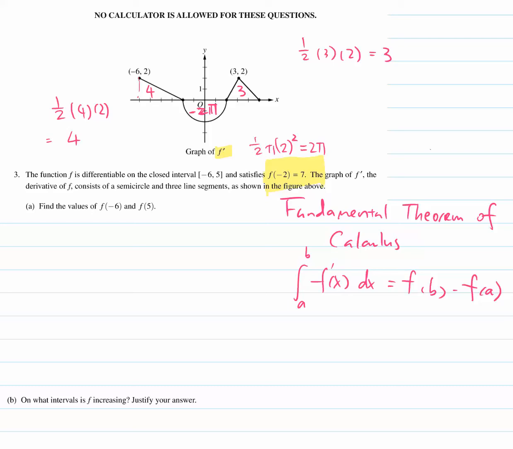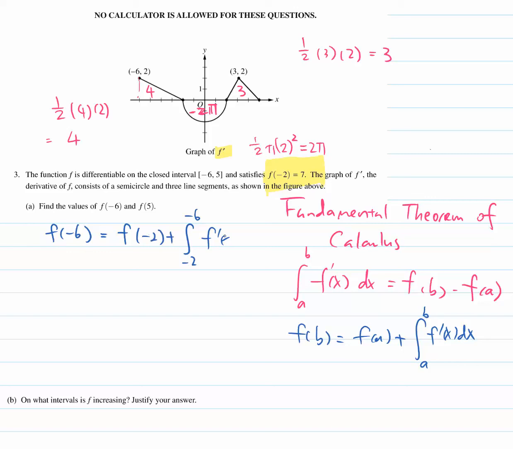So let me rewrite this equation as f of b equals f of a plus the integral from a to b of f prime of x dx. And so the first one, f of negative 6, we can write it as f of negative 2 plus the integral from negative 2 to negative 6 of f prime of x dx.